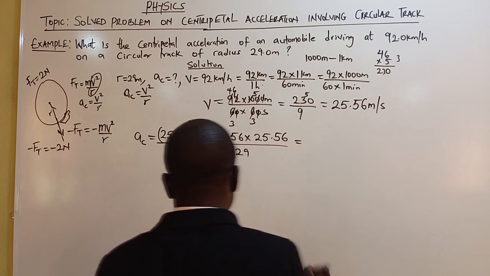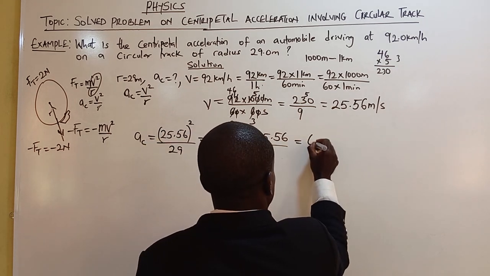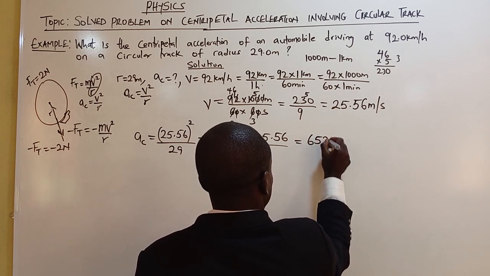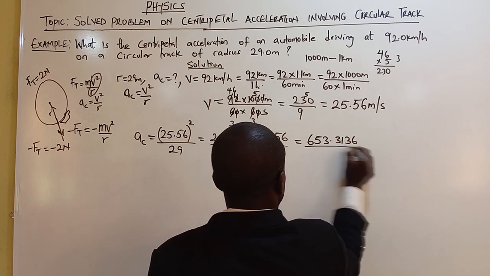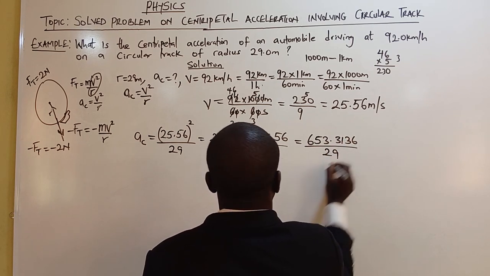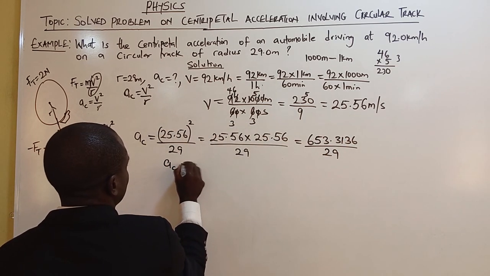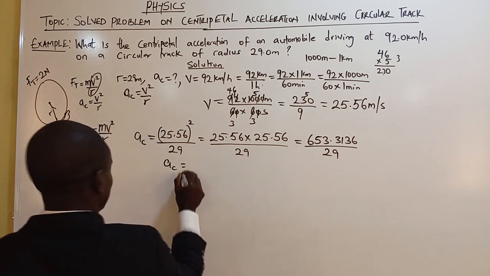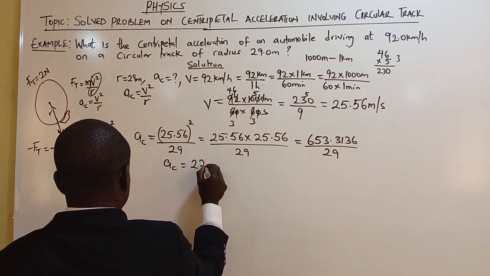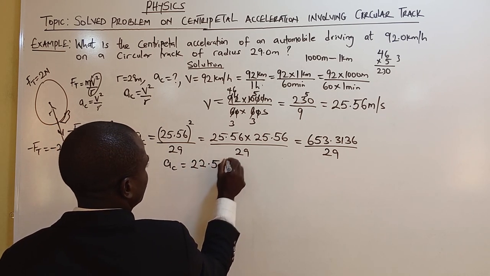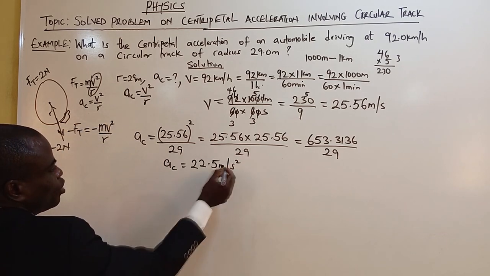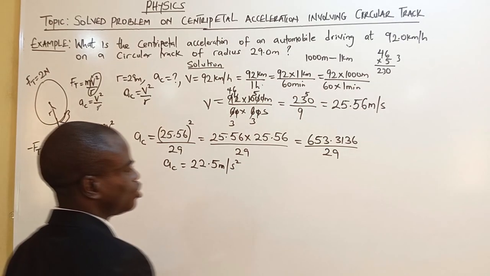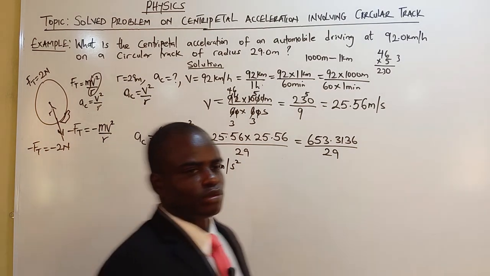When you do your multiplication, you have 653.3136 divided by 29. Now centripetal acceleration, when you do your division, you have 22.5 meters per second squared. The unit of centripetal acceleration is also meters per second squared.